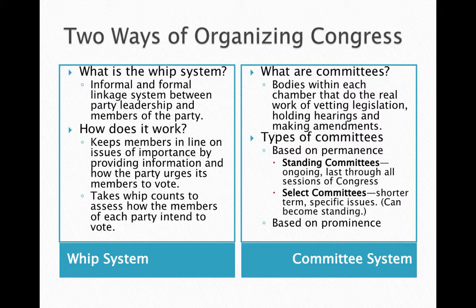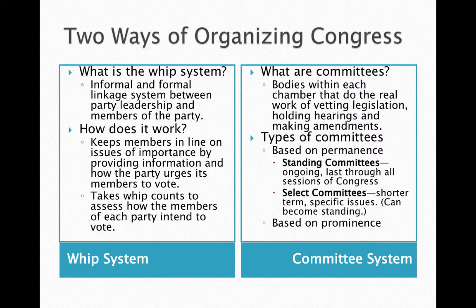Select committees are shorter term, specific issues that are brought up and then usually go away. However, some, if they stay on for long enough, can become standing. One example of this is Homeland Security, which became a formal committee. So that's one way of categorizing committees.